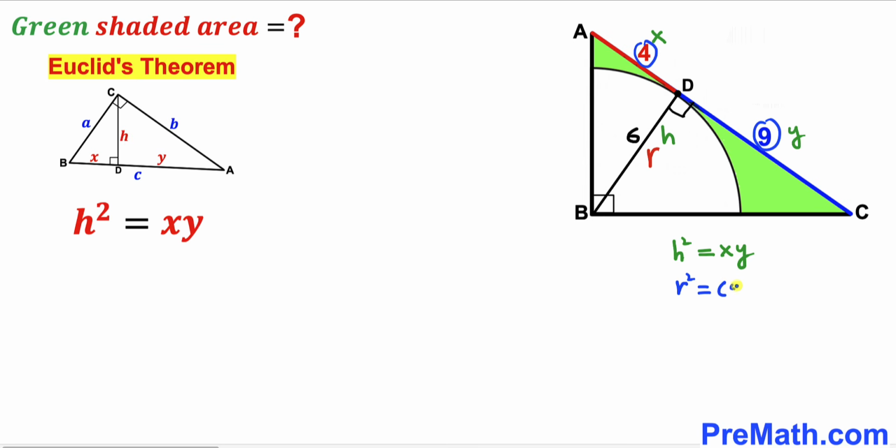So 4 times 9 gives r squared equal to 36. If I take the square root on both sides to undo this square, our radius r turns out to be 6 units this way as well.